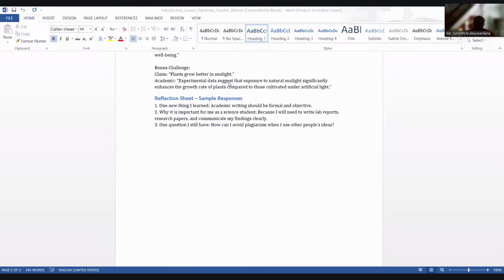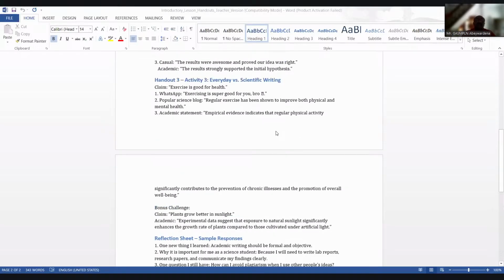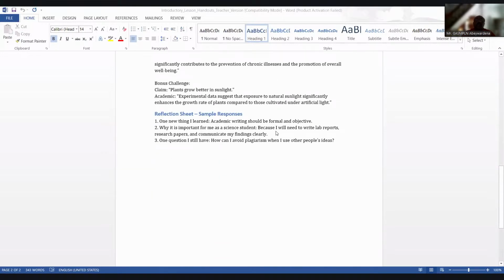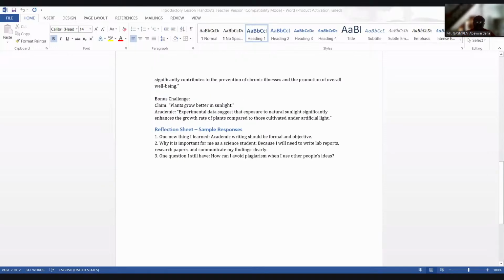Experimental data suggests that exposure to natural sunlight significantly enhances the growth rate of plants compared to those cultivated under artificial light. That is the bonus. We did not discuss it.